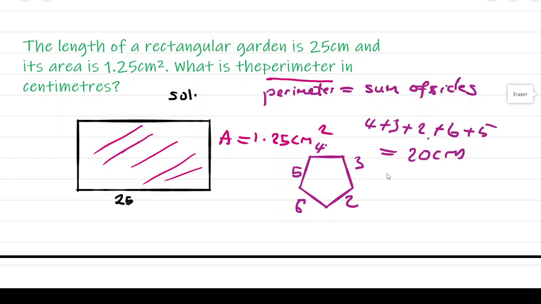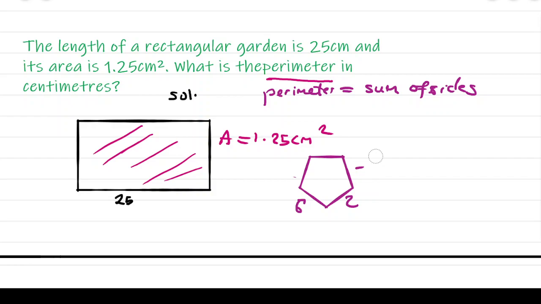So in this problem, they are asking us to sum the sides of this rectangle. We have to find all the sides and take the sum. But let me wipe this out first before we continue. So perimeter, they're asking us for the sum of the sides.